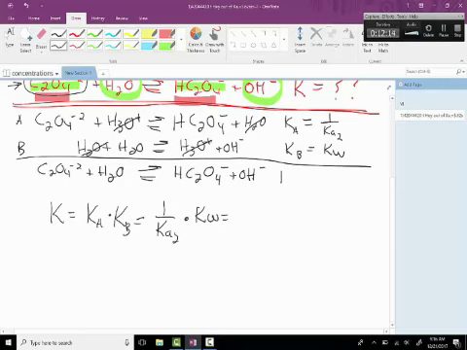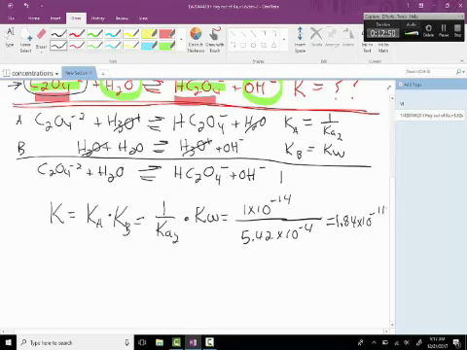Let's see, this will be 1 times 10 to the minus 14th for Kw divided by 5.42 times 10 to the minus 4th for Ka2, which gives us a value of 1.84 times 10 to the minus 11.